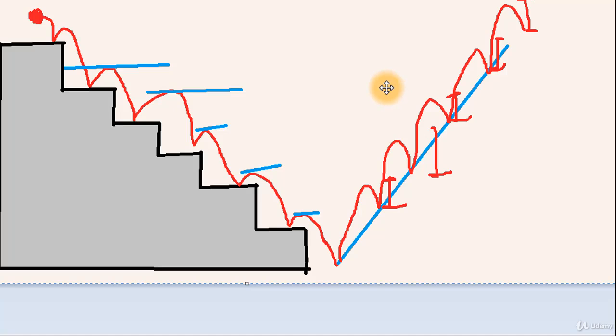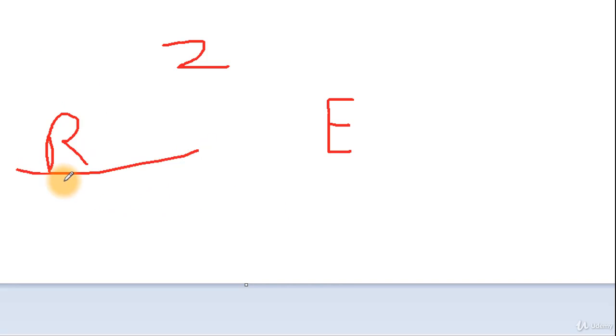Before that, I would like to clear one thing. There are basically two things. One is Fibonacci retracement, and another is Fibonacci extension. The thing you have just seen in that ball example is retracement. Retracement tells us where and up to which point this stock might get some resistance or support.